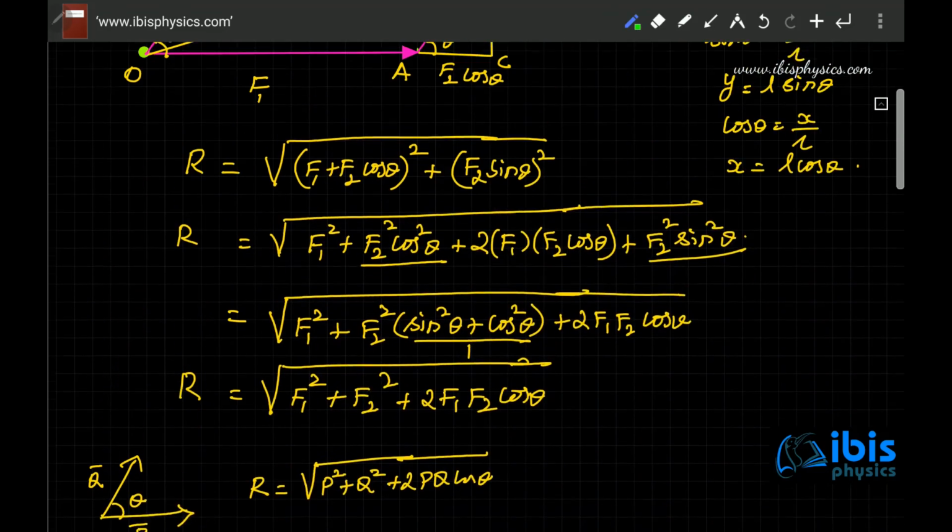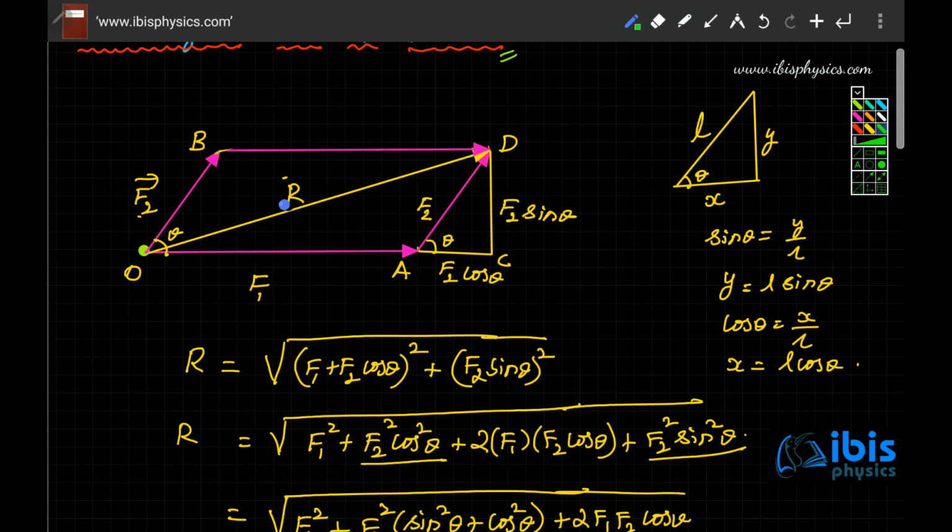Now, one more thing that is left out is the direction of the resultant vector. With respect to this vector f1, the resultant vector, let's say, makes an angle alpha. For this alpha, this is the adjacent side, this is the opposite side. So we can write tan alpha equal to the opposite side, which is f2 sin theta, by the adjacent side, f1 plus f2 cos theta.